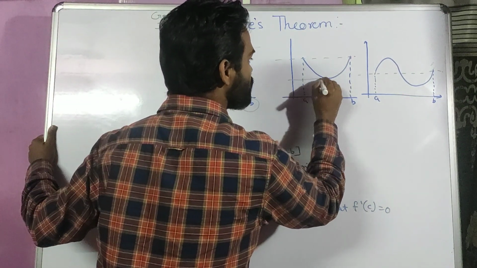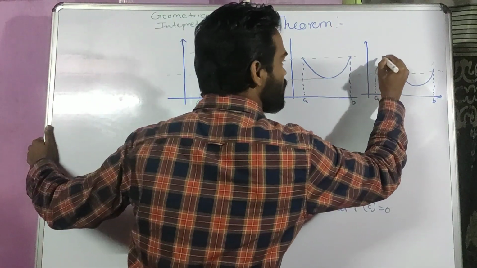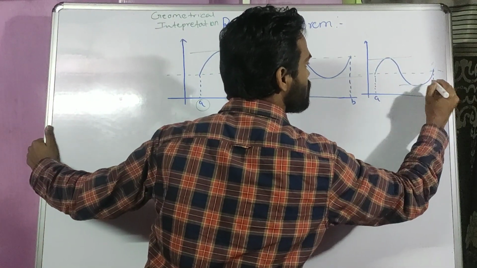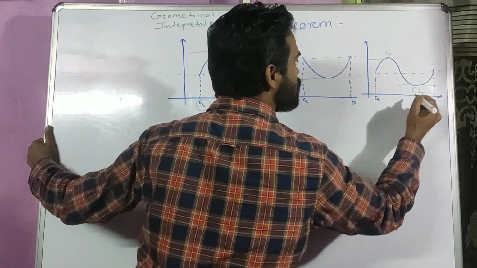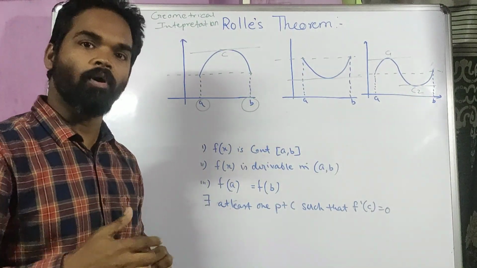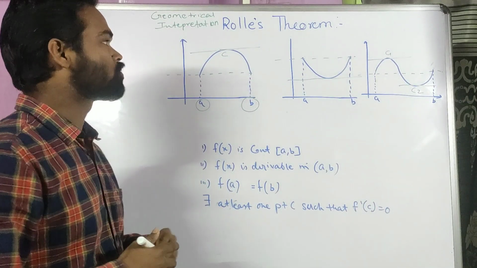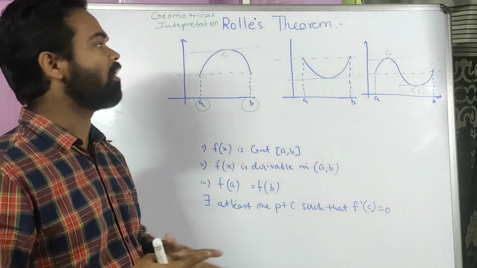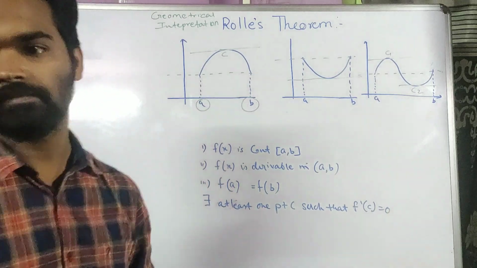See over here, you will get 2 points, c1, c2. I told you at least, which means you can get more than 1 point. So this was the geometrical interpretation of Rolle's theorem.